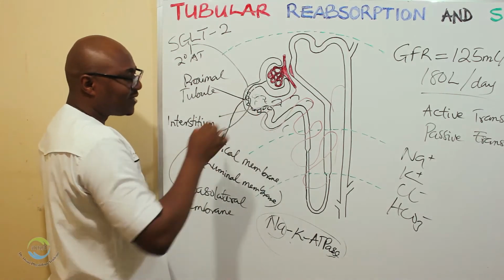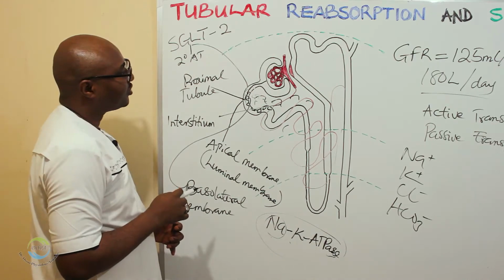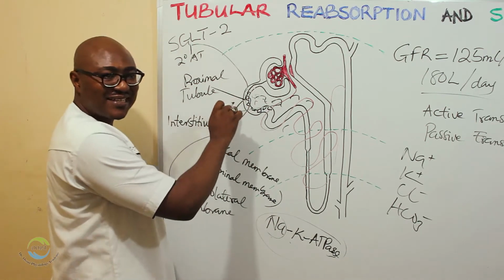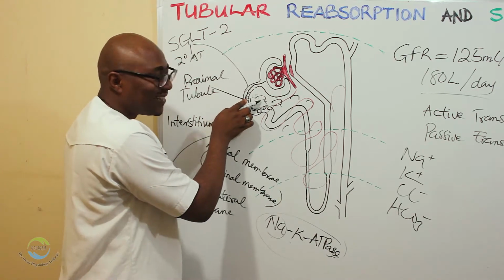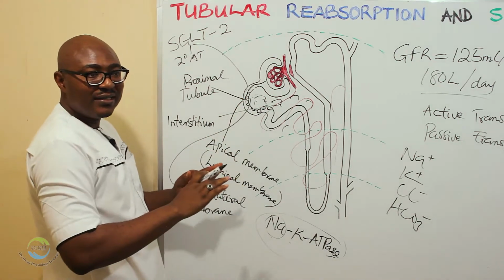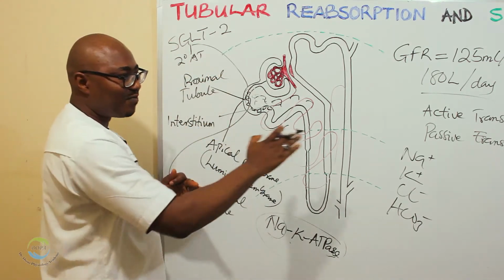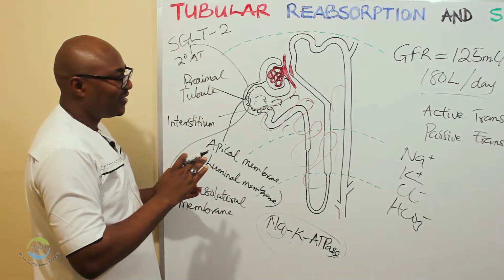So it needs to enter back into the bloodstream. What happens is that glucose is higher now inside the cell, and it wants to enter the interstitial fluid where it is lower. So that means it's no longer active transport, it is now passive transport.